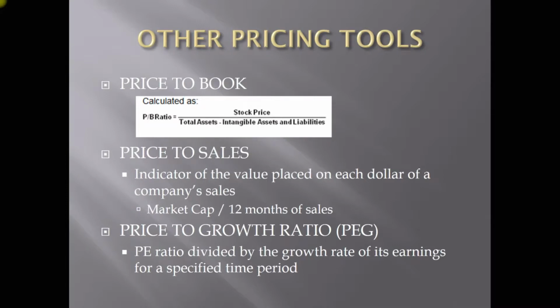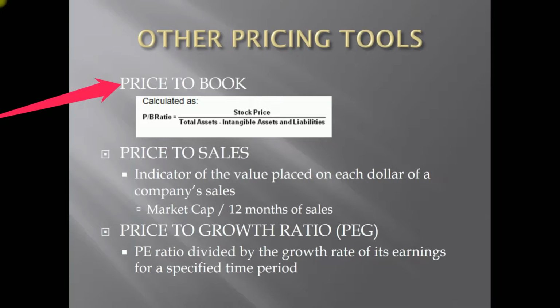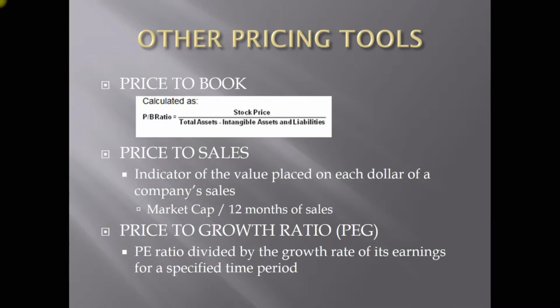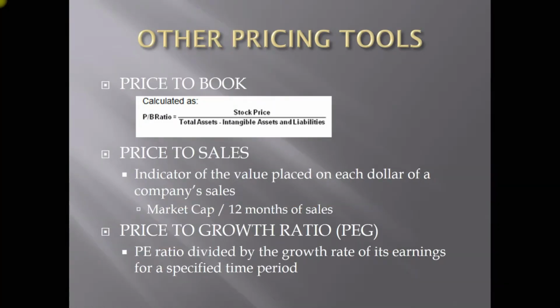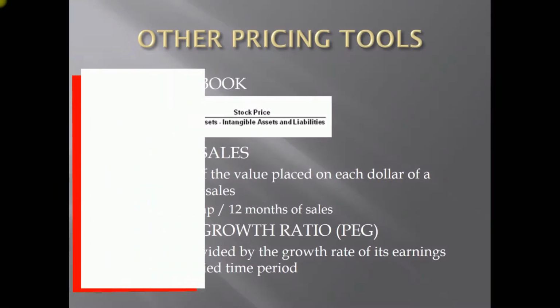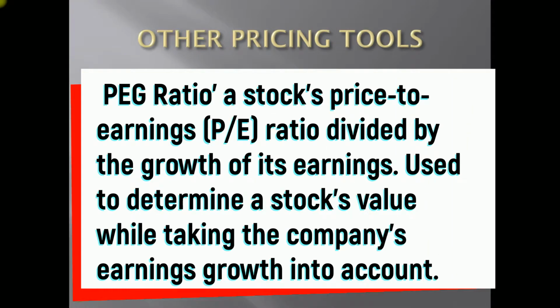Some of the pricing tools that you may find in your explorers are price to book, price to sales, and PEG ratio. The one I want to concentrate on here is price to growth ratio, or the PEG ratio. This is one that has been used in the past to evaluate Google, and now is being used to evaluate big name companies like Facebook, Amazon, Netflix.